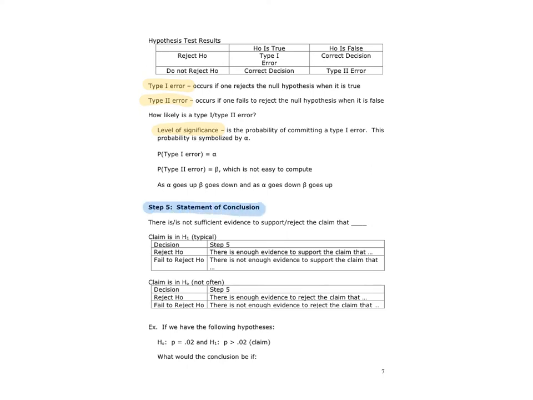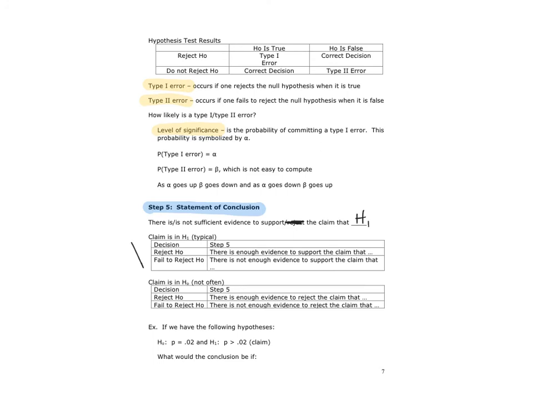The fifth step in our hypothesis test is a statement of conclusion. We're going to make a statement that says there is or there is not sufficient evidence to support. We're just going to support the claim, and then you're going to give your alternative.